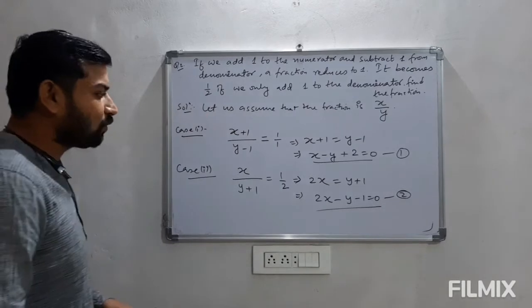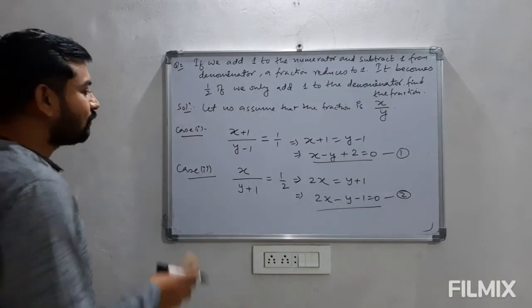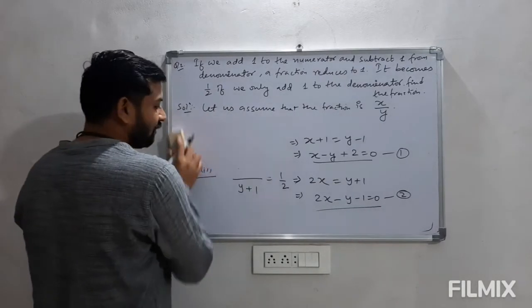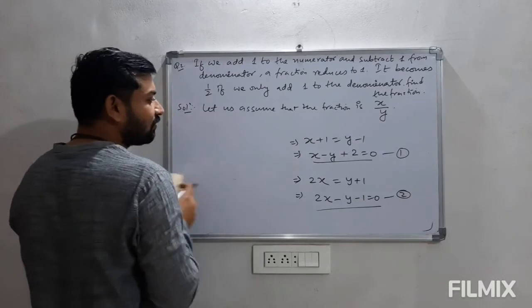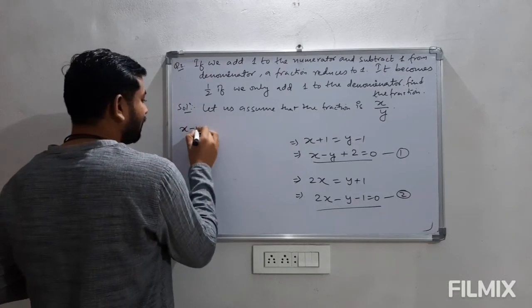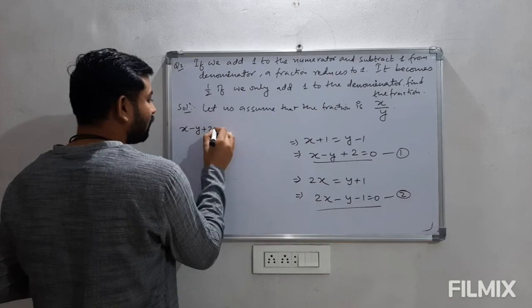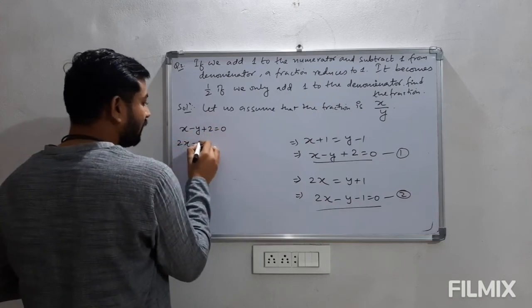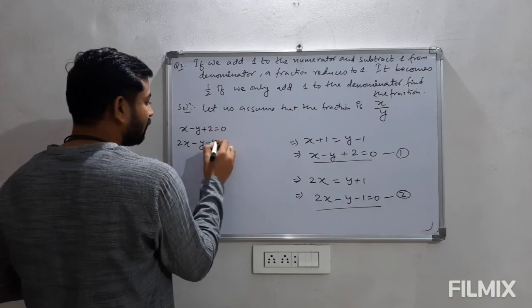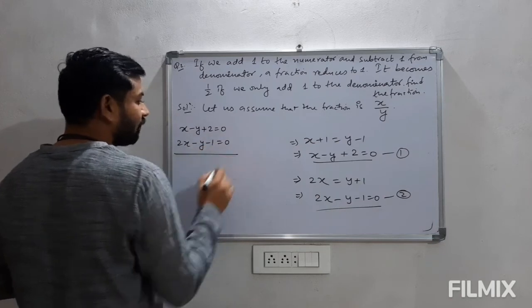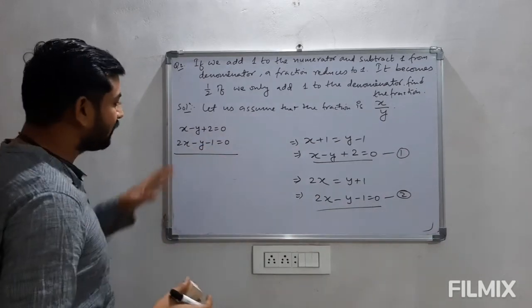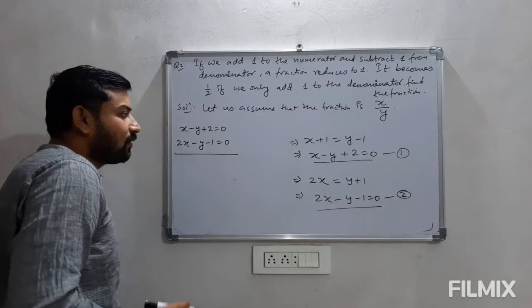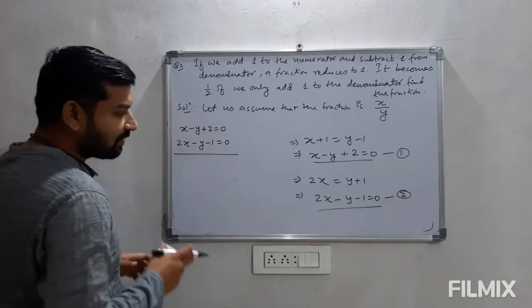Now we will try to solve these two equations and get the values of x and y. So let me rewrite this equation. That is x minus y plus 2 equals 0. Then 2x minus y minus 1 equals 0. Now when we look at the equations, the term y is the same here.